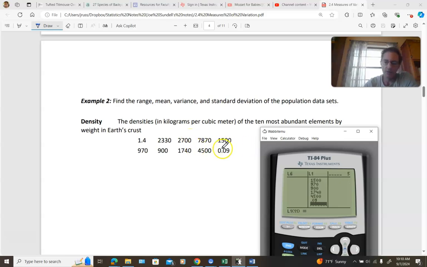Oxygen would probably be this one. Some of these values are really small and some of them are rather large because you're talking about a cubic meter. How much would a cubic meter of these different elements in the Earth's crust weigh? Well, some of them would weigh quite a lot.